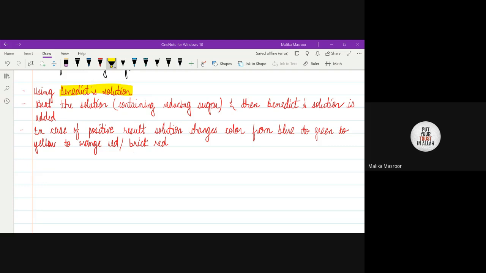Just keep them in a water bath of about 75 to 80 degrees. And for time, you will keep it until it starts to boil a bit, at the time when you add your Benedict solution it will give color. So you will learn this when you perform practicals in A levels.